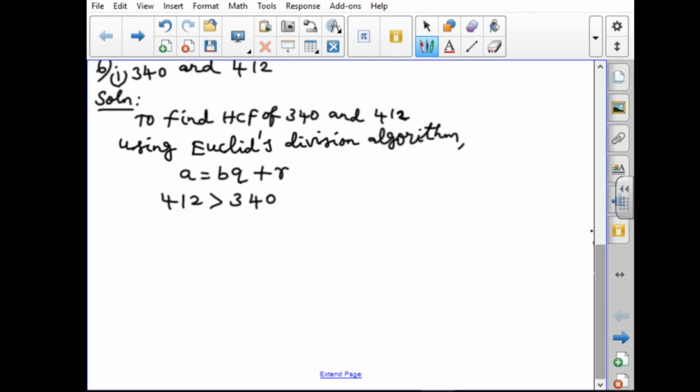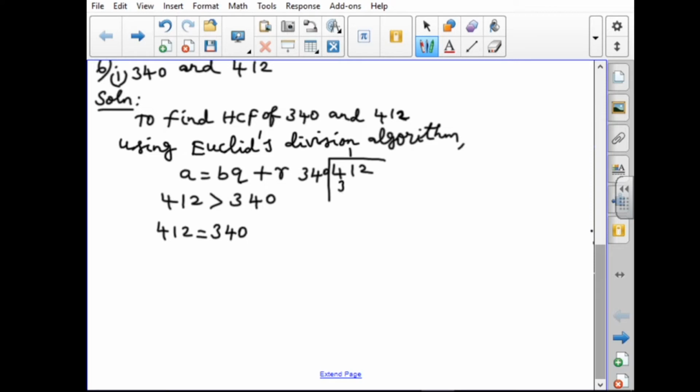So you have to substitute here: 412 equals 340, like that. Here we need the quotient and remainder, so we have to divide. 412 divided by 340, how many times does it go? One time.